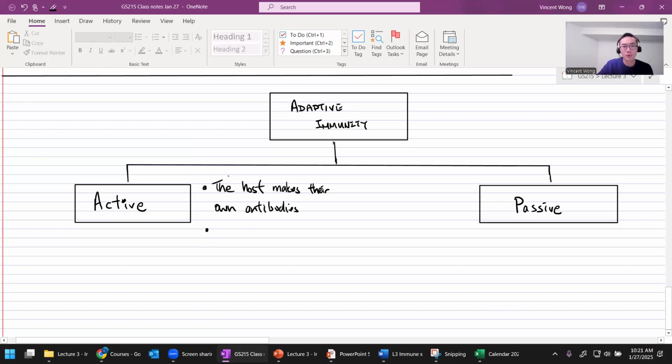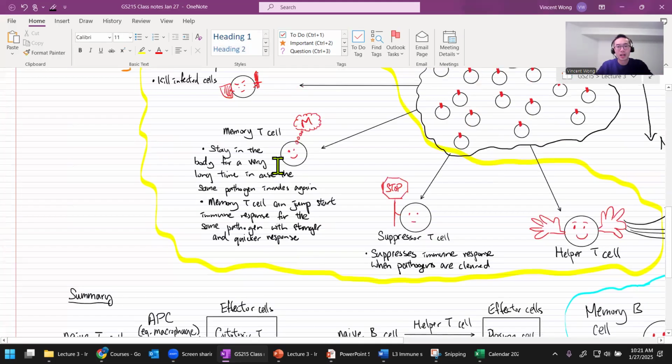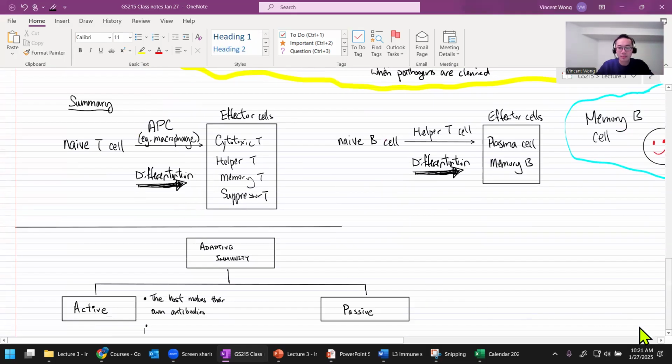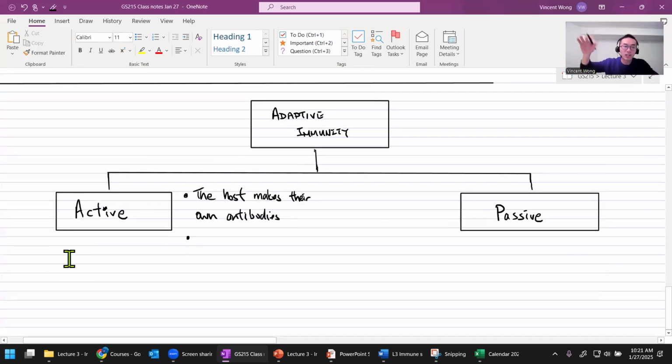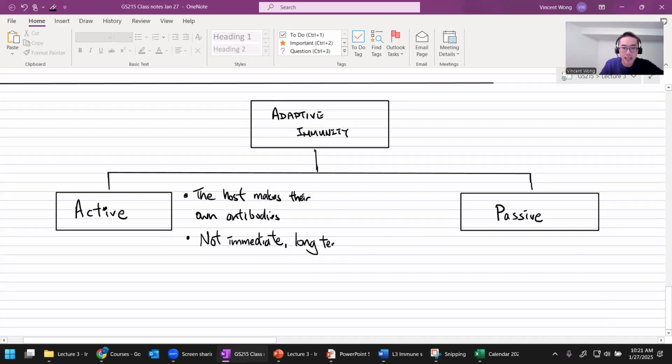You have to go through this whole ordeal of selecting the T cells and the B cells and then making your own antibodies. That's what active means. Because you need to do the selection and the clonal expansion and all that stuff, it is going to take some time, so it is not immediate, but it will be long term because you are making memory cells. Not immediate protection, but whatever protection you get will be long term.